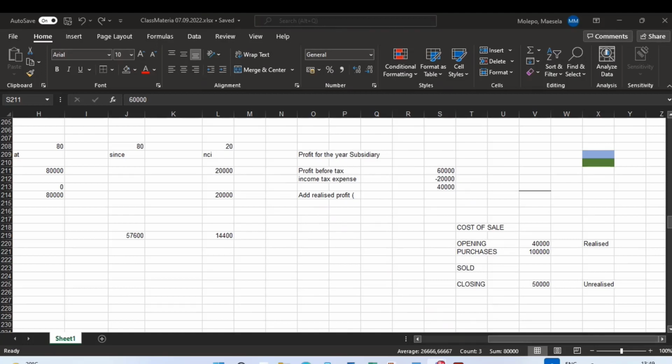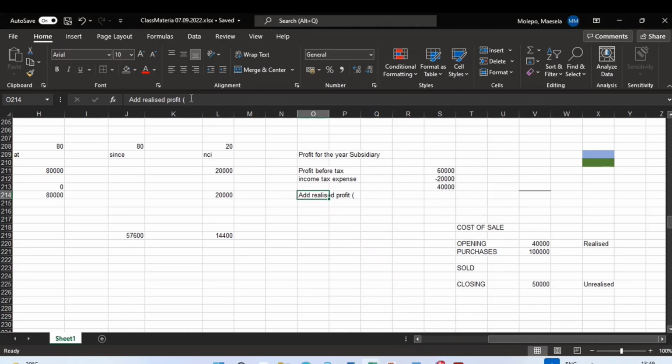Yes, sir. Is it 40,000? So you say we're going to use 40,000. So we say 40,000 multiplied by 25 divided by 125, which gives us the profit of how much? Calculate, please. So it's 8,000.